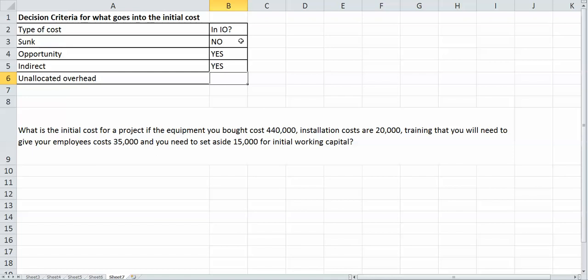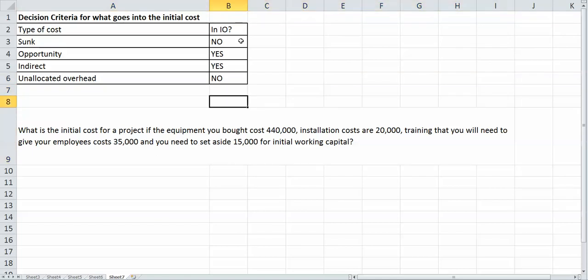If a manager were to come to you and say, well, I need different appliances or heating, electric, whatever costs put into this, you're not going to put them in your analysis because that plant is going to be heated regardless. So unallocated overhead, that's a big no. Do not put those in your costs.